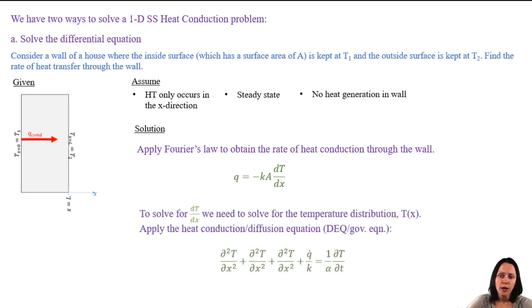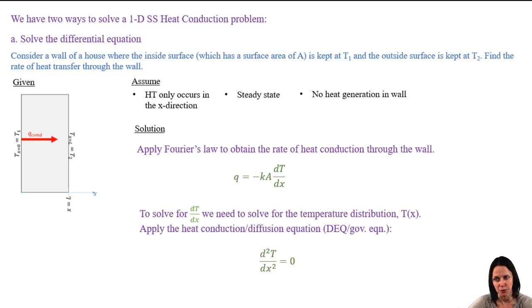We're going to show now that we can use the heat conduction equation and the boundary conditions to solve for dT/dx. Since it's assumed to be at steady state, we can get rid of the partial derivative of the temperature with respect to time, which is the only term on the right-hand side. And we can also get rid of the second derivatives with respect to y and z, since we're assuming the heat transfer is one-dimensional, and so no temperature change occurs in those directions, which means this is all we're left with, the second derivative of the temperature with respect to x.